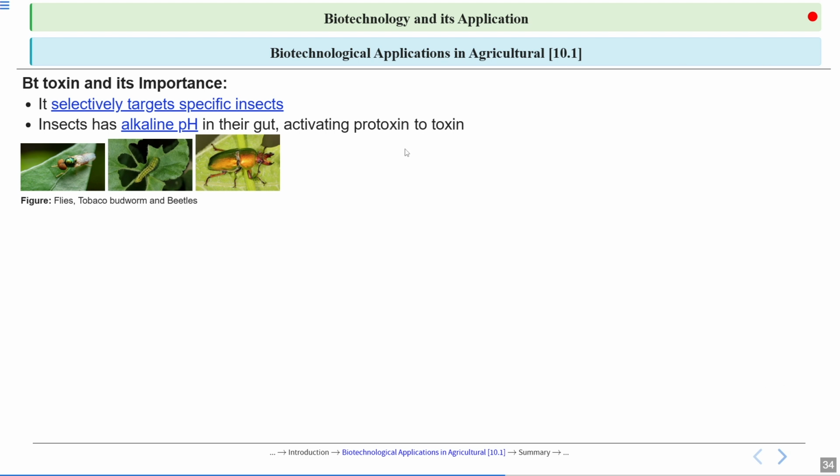And we already know that this Bt toxin gene selectively targets specific insects, that two genes code for the cotton insect and the other was for corn borer. So it selectively targets specific insects.